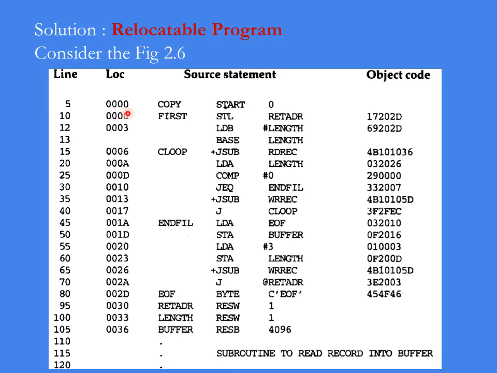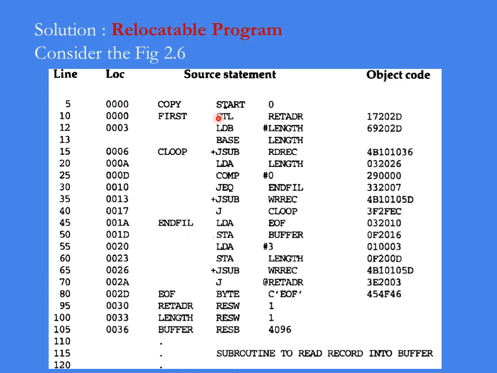It is not from a fixed location 1000. If you write a program in such a way, then we can load the program anywhere in memory. It need not be at a particular location. It can be stored at any location if we write it starting from the address 0.